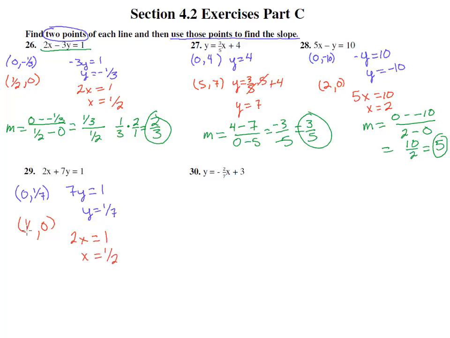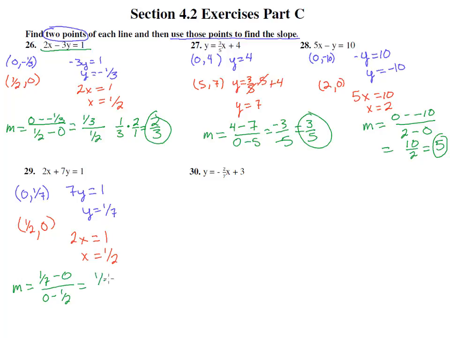Now we should note that this line is a straight line, that no matter what we do when we compute the slope, no matter which points we find, when we compute the slope, we will get the exact same number. So in this case, when we compute the slope, m equals y minus y, 1/7 minus 0 over x minus x, 0 minus 1/2.